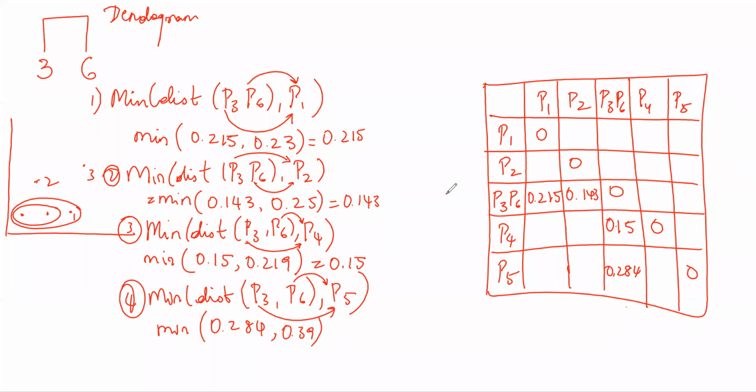I can get the remaining values from the previous table. P2 to P1, we had already calculated the table, it is 0.23. Then P4 to P1 we have also calculated, it is 0.37. Then P5 to P1 is 0.34, and P5 to P2 is 0.14 or 0.15, I'm not sure.